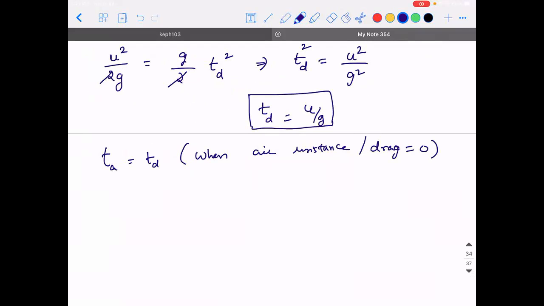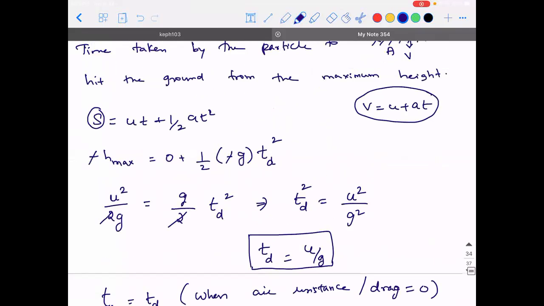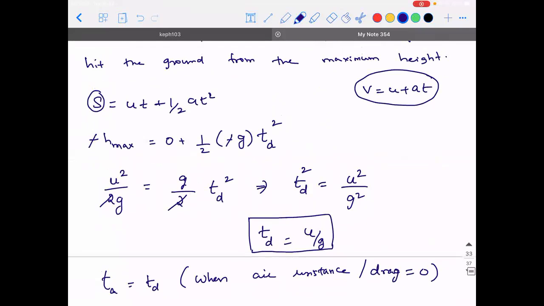Can you scroll up? Sure. Sir, actually here V is not known, but since U is known, we can solve it using V is equal to U plus AT, right?